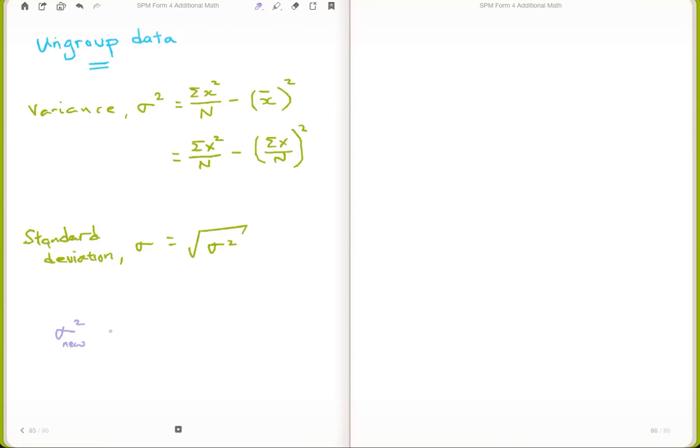If you multiply your set of data by a number, and then you add another number to it, all you need to do is take your old value and multiply it by the multiplier squared. Now how do you use that? This is important.